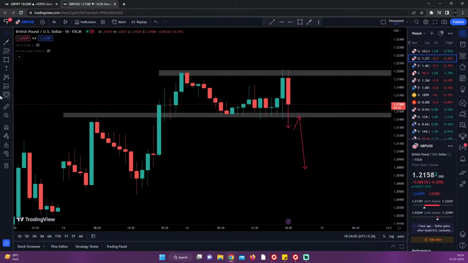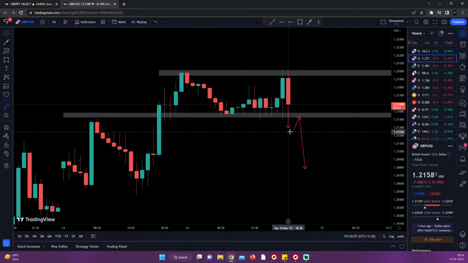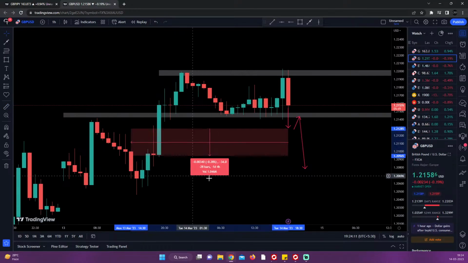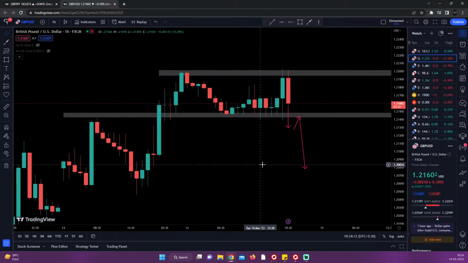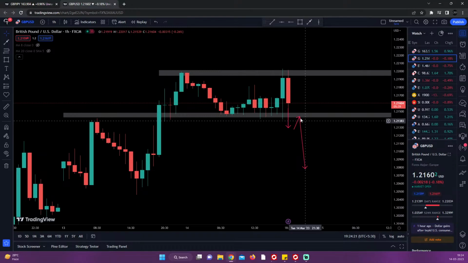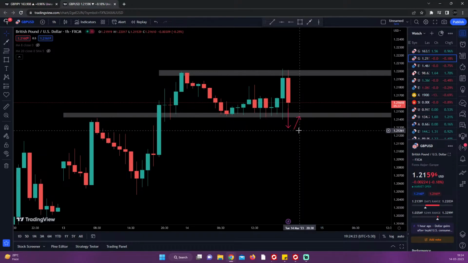That will be the only point I'm gonna take sells in the form of an impulse trade. And if we talk about range, this is a 34 pips range, and my target for GBP USD will be only 10 to 12 pips. I will be out after 10-12 pips because I don't stay in the market for a long time.